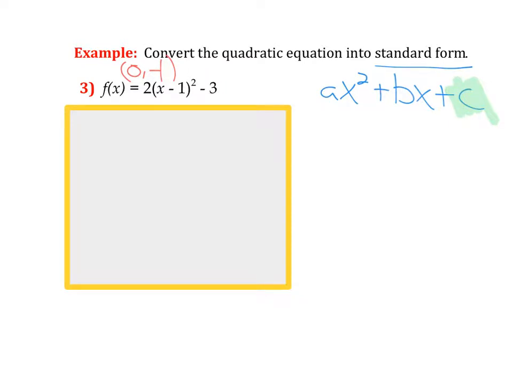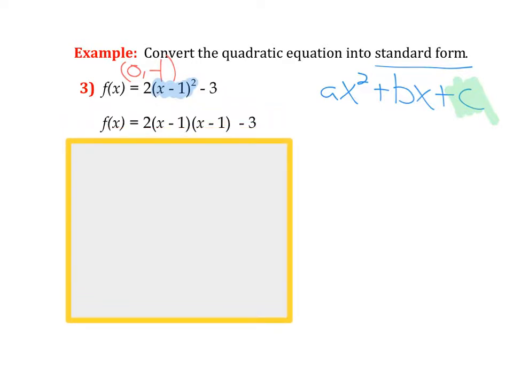Following order of operations, first thing I need to do is distribute that x minus 1 quantity squared. So that's x minus 1 times another x minus 1. Do not distribute the 2 into these parentheses just yet, because a lot of people will distribute them into both. In that case, you're technically double multiplying by 2, and that's not correct.